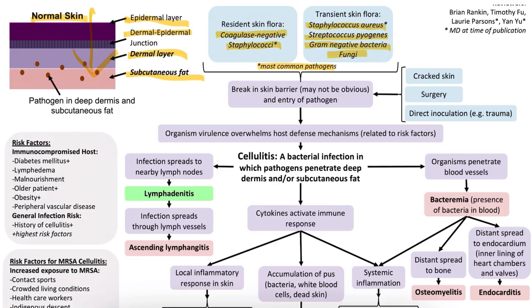The skin will break, and the break in the skin barrier may not be obvious on entry of the pathogen. If a patient has cracked skin, recent surgery, direct inoculation because of trauma, or diabetic neuropathy with loss of sensation, they may get a tear and the organisms will enter inside.